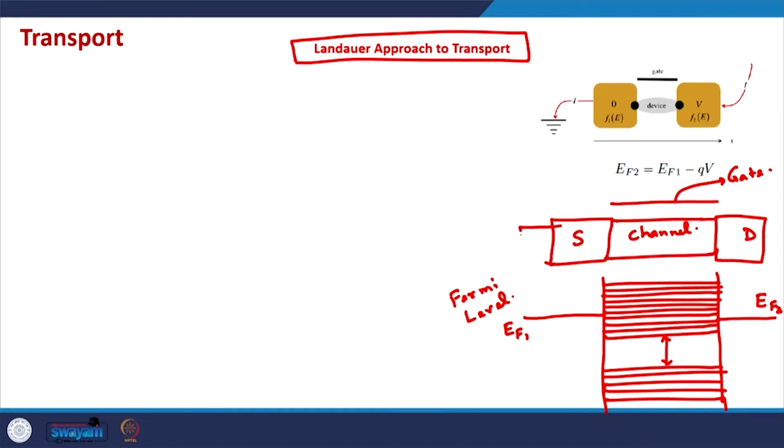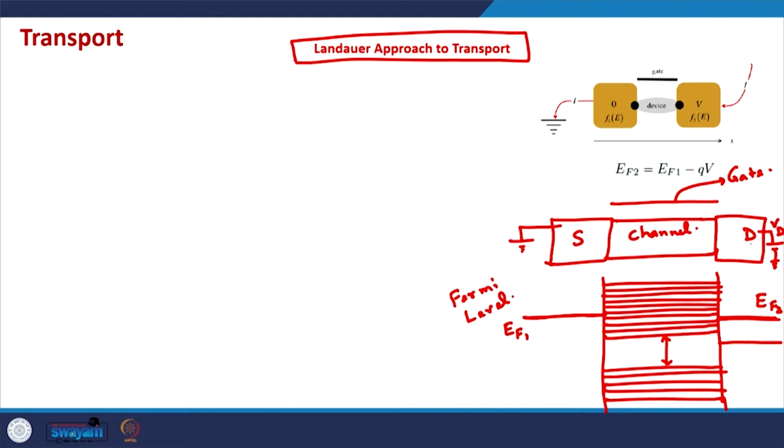Generally the voltage on the source side is fixed, this is grounded, so this EF1 also stays fixed, and generally a drain voltage is applied in the system. So we put a battery sometimes here, and that's how we can change, and that's why this EF2 can change and this EF2 may come down.